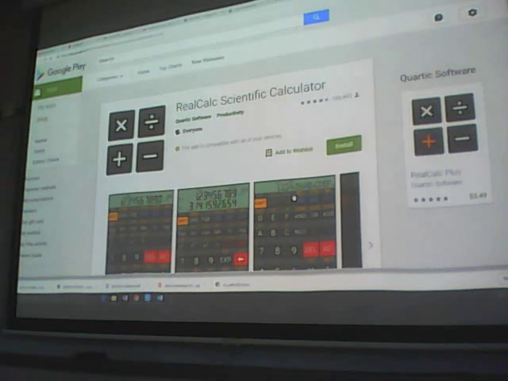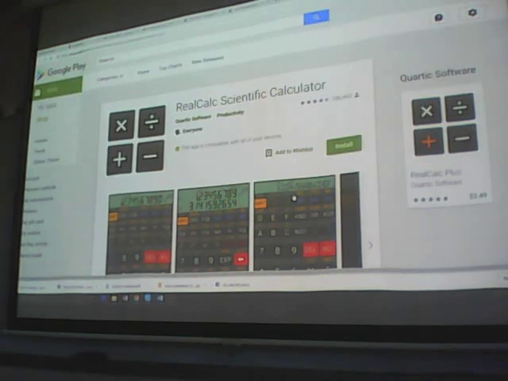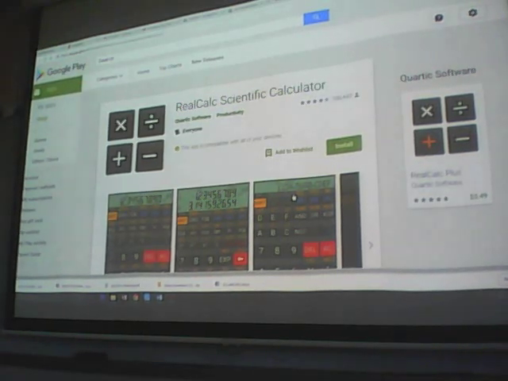But if you download an application like RealCalc, it's much easier, okay? I'll help you if you don't know how to do it. That calculator should have a key with an E on it, or EXP.